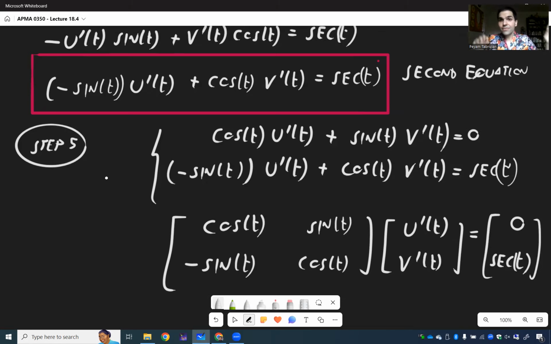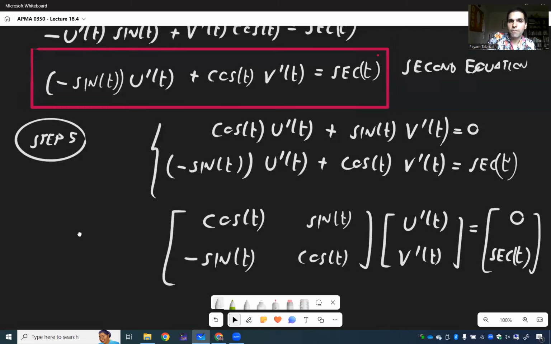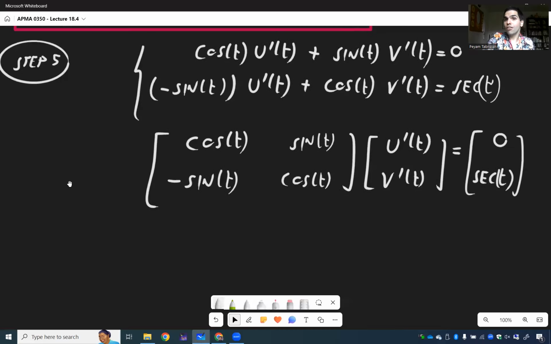Last but not least, how do we know this has a solution? Because remember, we said, well, even after the simplification, we hope that there's a solution u prime and v prime. That basically follows from the magic of the Wronskian. So just in a couple of terms, cosine and sine solve the homogeneous equation. And then there's a beautiful fact that says this Wronskian, in this case, is never 0.